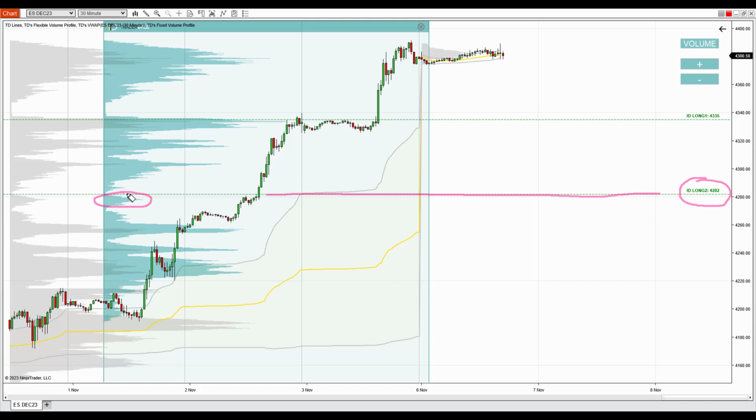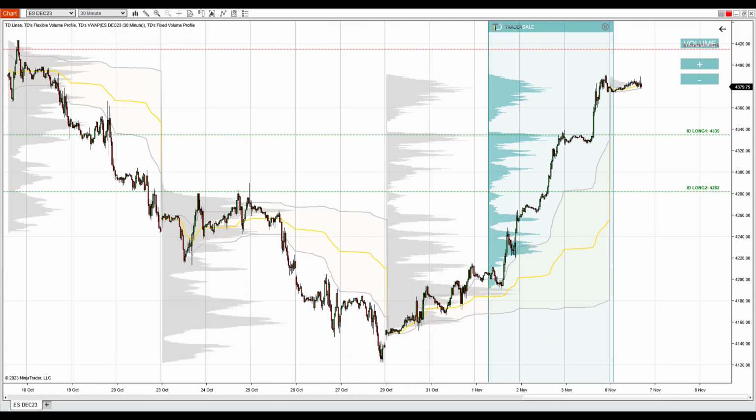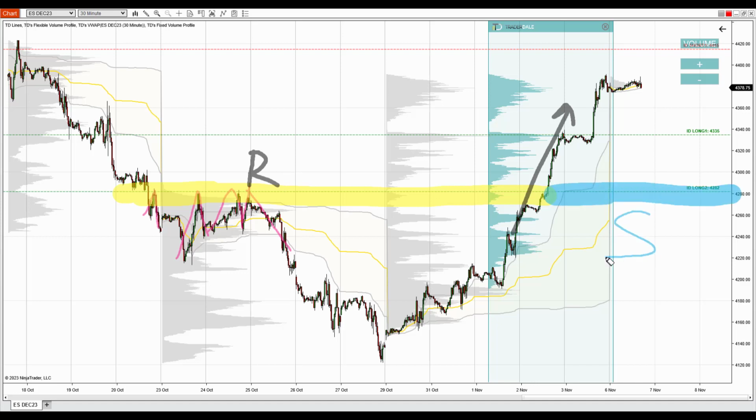As you can see, this volume cluster is not as significant as, for example, this one, but in this case there is nice confluence because the price was bouncing off this level in the past, also in here, which is telling me that this zone worked as a resistance. Now, when the price blew past the resistance, it became a support.